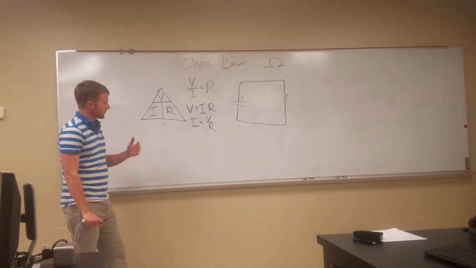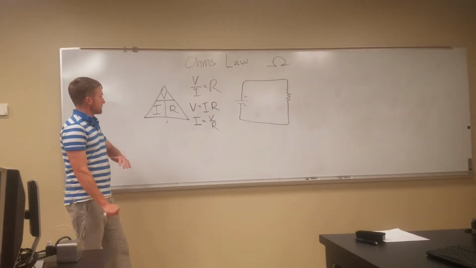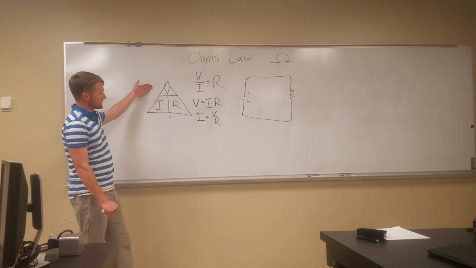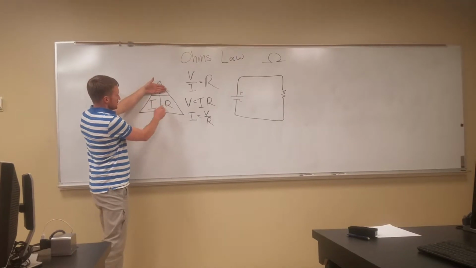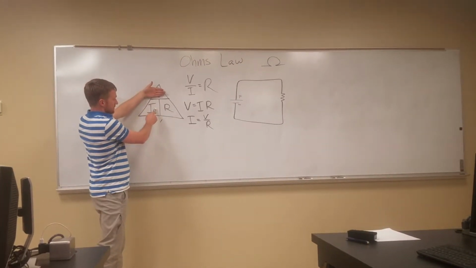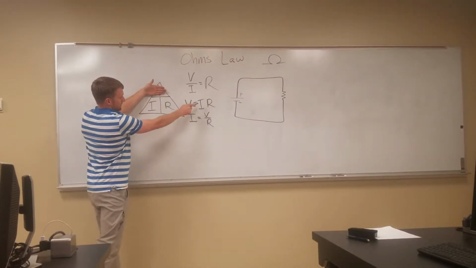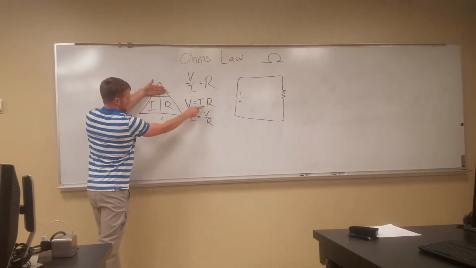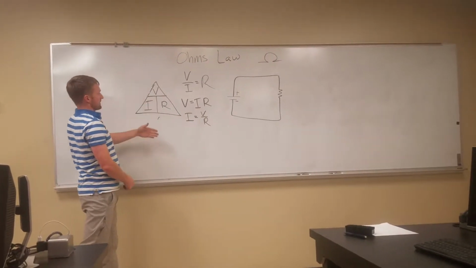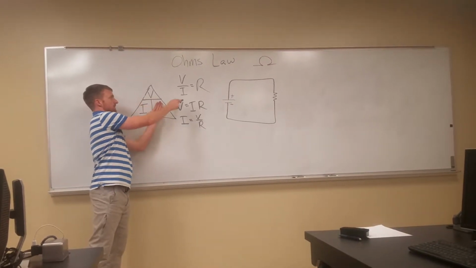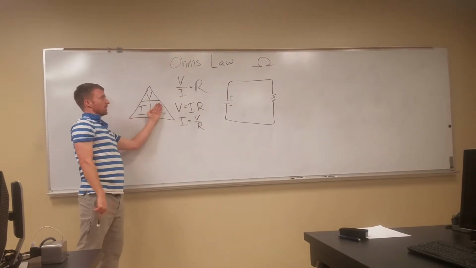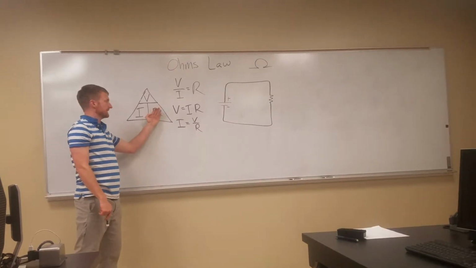But first, if you're trying to find voltage, simply cover voltage and look at the two that you have: current times resistance. It lines up with our mathematical formula. If you're trying to find resistance, cover resistance, and you'll see voltage divided by current. That lines up with what Ohm's law defines resistance to be.